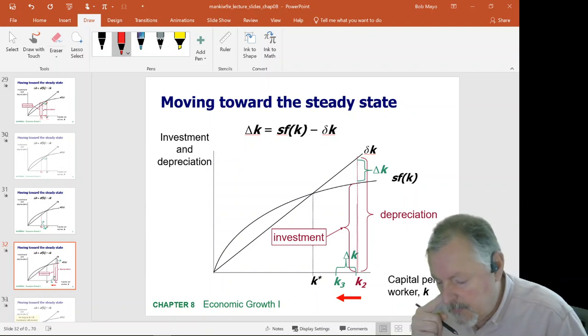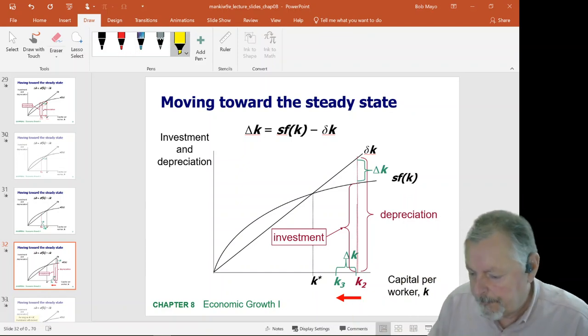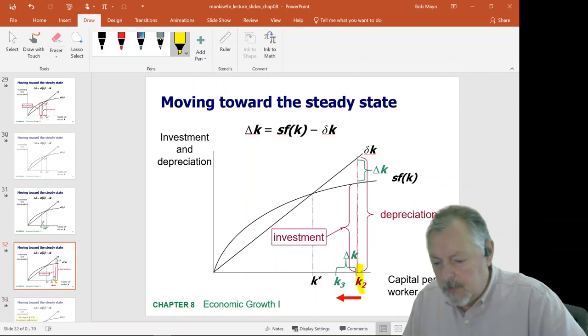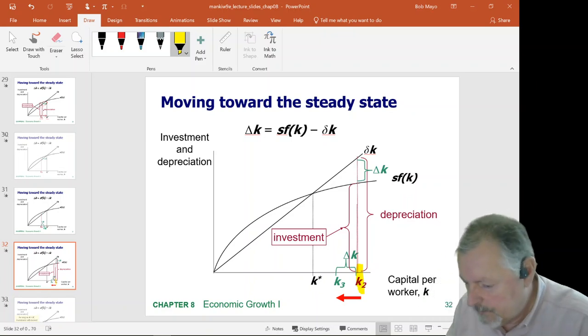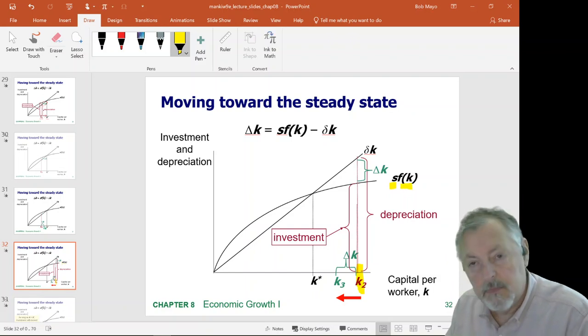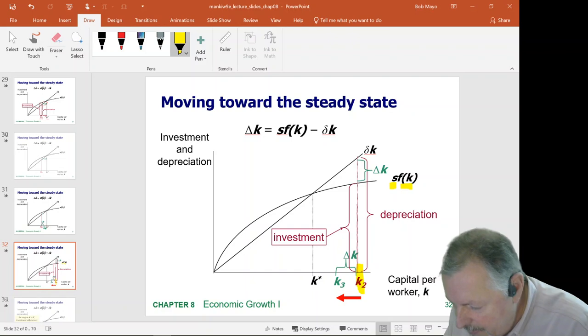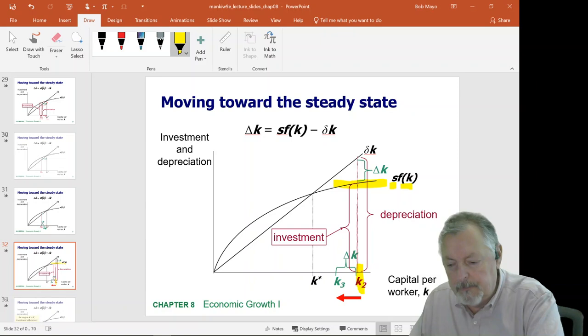Now, what happens if you have more capital than the steady state level? Let's say you have K2 capital per worker. Well, that means that you're going to add the savings rate times output per worker. You're going to add that much capital in the next time period.